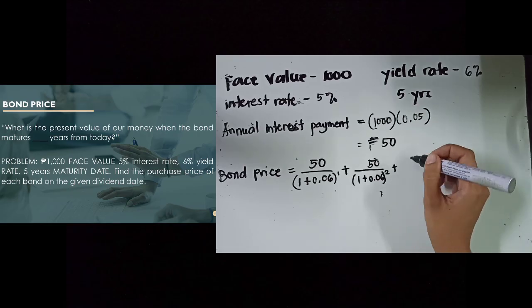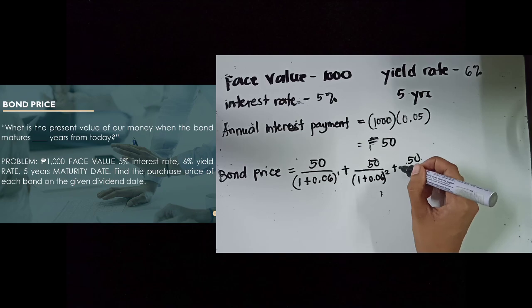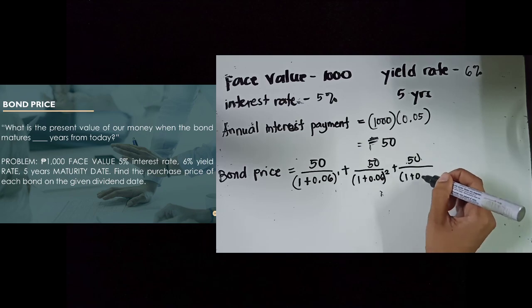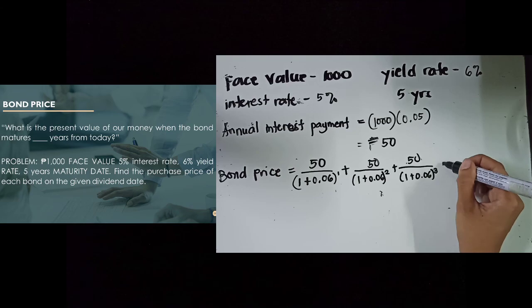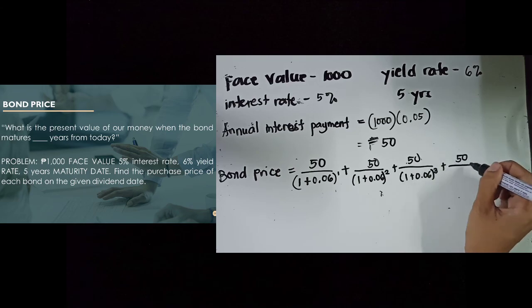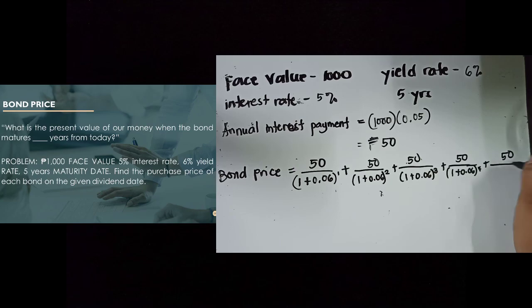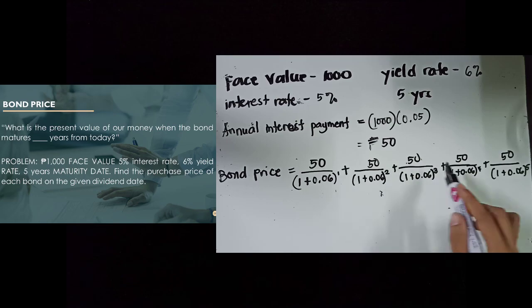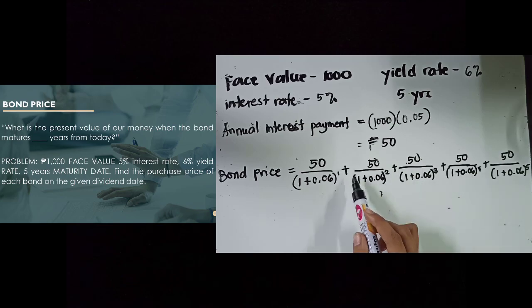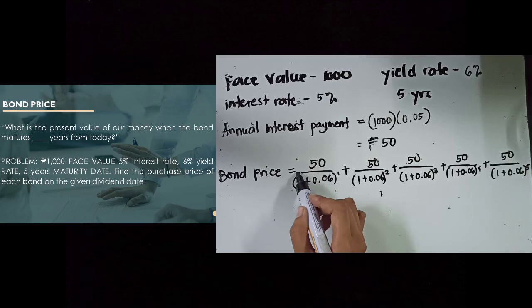Then, plus 50, which is the annual interest payment, divided by 1 plus 0.06 raised to 3, plus 50 over 1 plus 0.06 raised to 4, and plus 50 over 1 plus 0.06 raised to 5. Again, second step, get the sum. So, that's why we add the sum of the quotient. Bakit po may quotient? Kaya po meron tayong ditong over or divide.